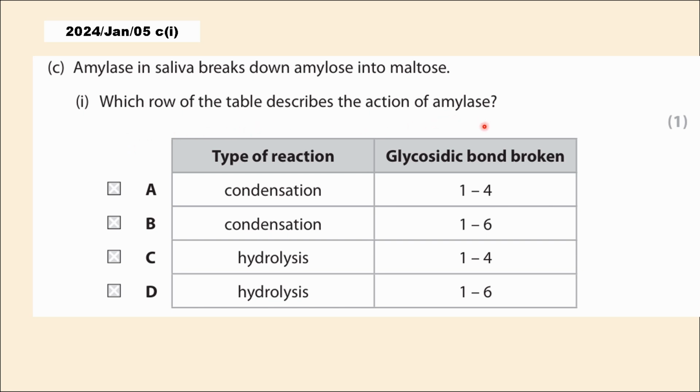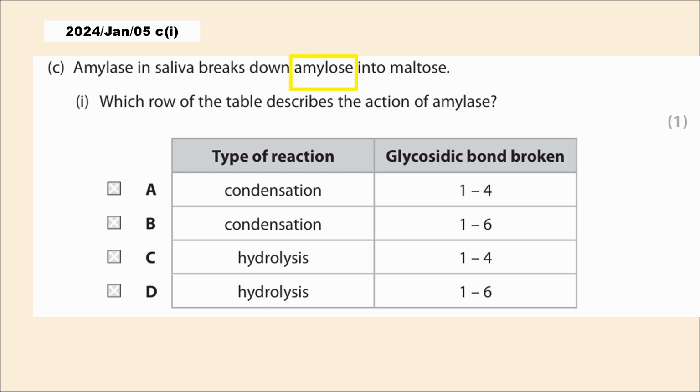So we learned in earlier slides that enzymes help break down polysaccharides through a process called hydrolysis. And this was also explained in part 1 of the carbohydrate video. So during hydrolysis, water is used to split the polysaccharide. Specifically, amylose is broken down by breaking its glycosidic bonds.